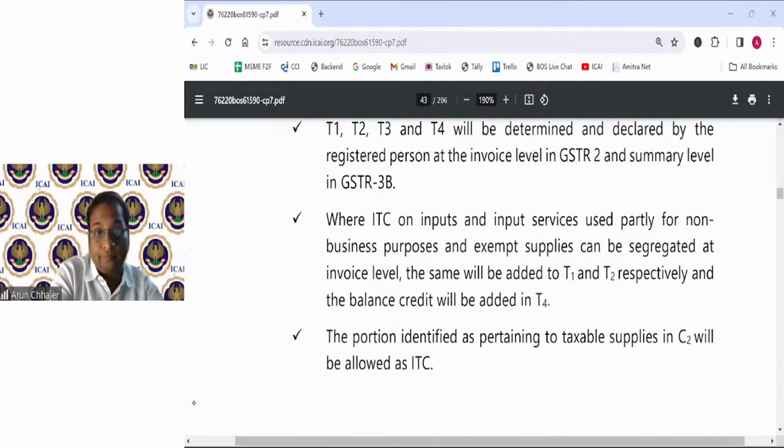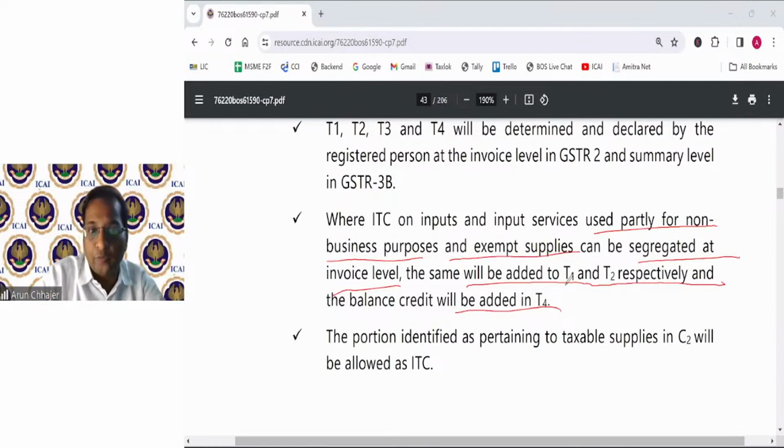where ITC on input and input service used partly for non-business and exempted supply can be segregated at invoice level. Same will be added to T1 and T2 respectively, and balance credit will be added in the T4.